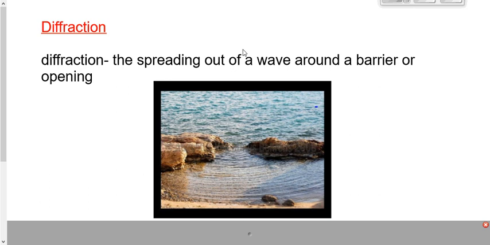Now, if we had 2 openings here, opening number 1 right here, but we had another opening right here, then we would get diffraction around both openings. Now, if you get diffraction around both of these openings, then at some point you might get some overlap of the waves.